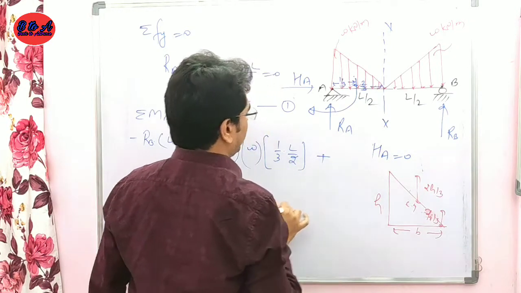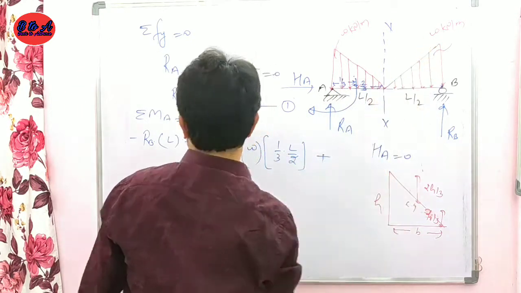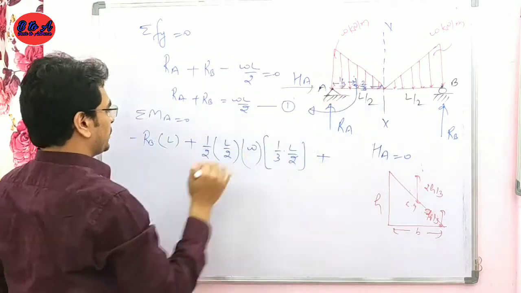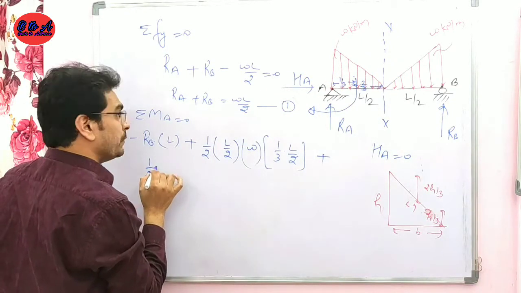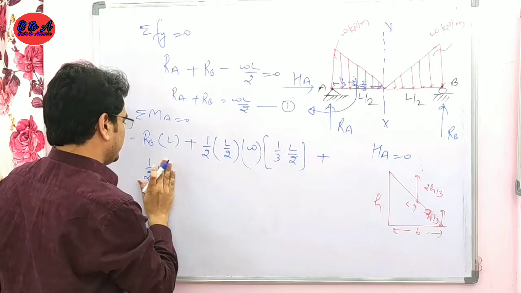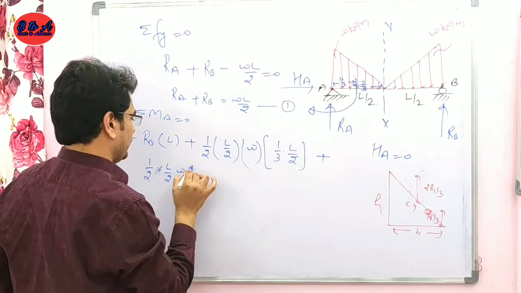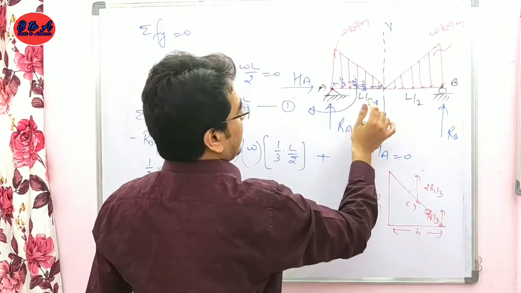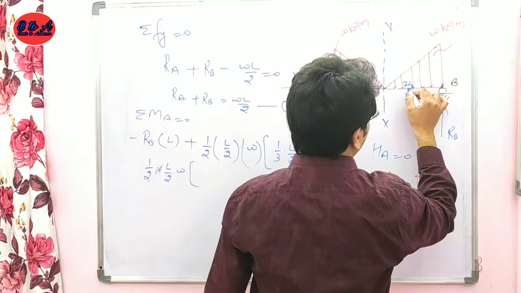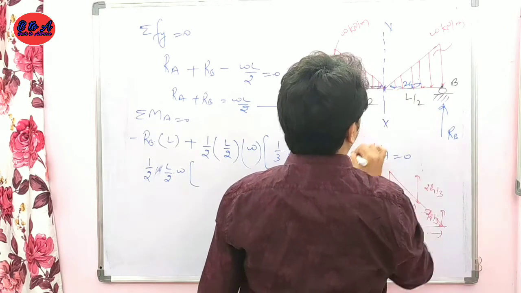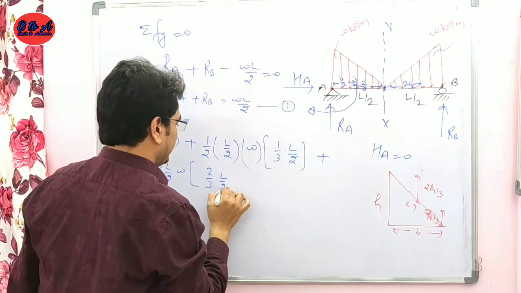Now I want to calculate the moment at this point due to this load. चलिए टोटल एरिया कितना होगा? टोटल एरिया ऑफ दिस ट्राइंगल इज इक्वल टू 1/2 W, चलिए बेस ले लेते हैं पहले, L/2 dot W. Its CG will act at a distance of 2/3 from this point, that is the 2/3 of L/2.